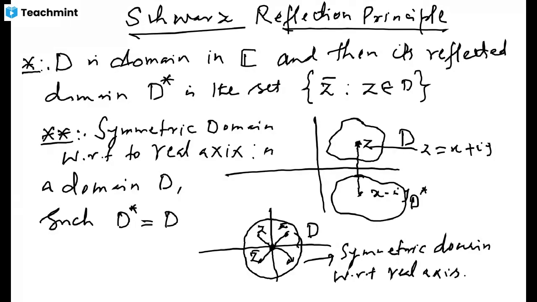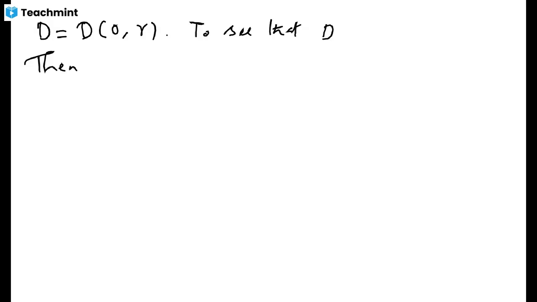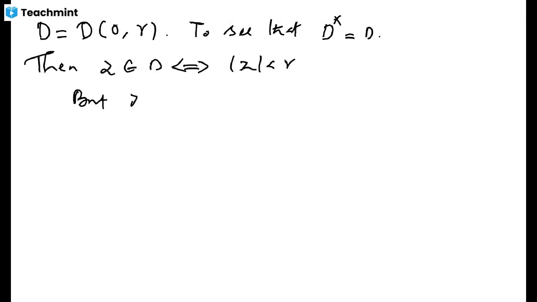Analytically, you can define it as follows. If I consider this disk to be centered at 0 of radius r, then to see that it is symmetric with respect to the real axis means D star is equal to D. I have to take Z in D. Z in D means mod of Z is less than r, but you know that mod of Z is the same as mod of Z conjugate, and hence mod of Z conjugate is also less than r.